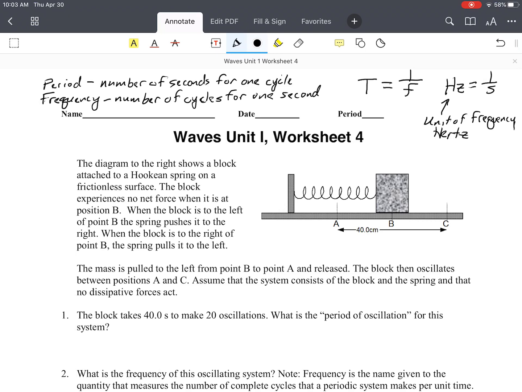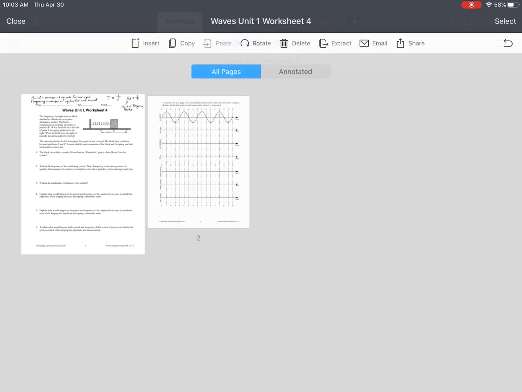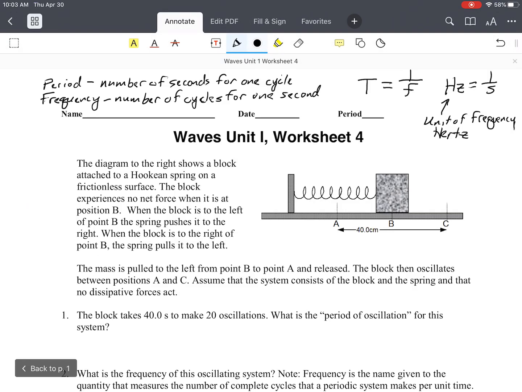Okay. One other thing I do want to write down, and this is from the lab, and this will also work on this worksheet, is yesterday's equation that we developed that related period with mass and the spring constant. And if you remember correctly, if we increase the mass, the period will increase accordingly.